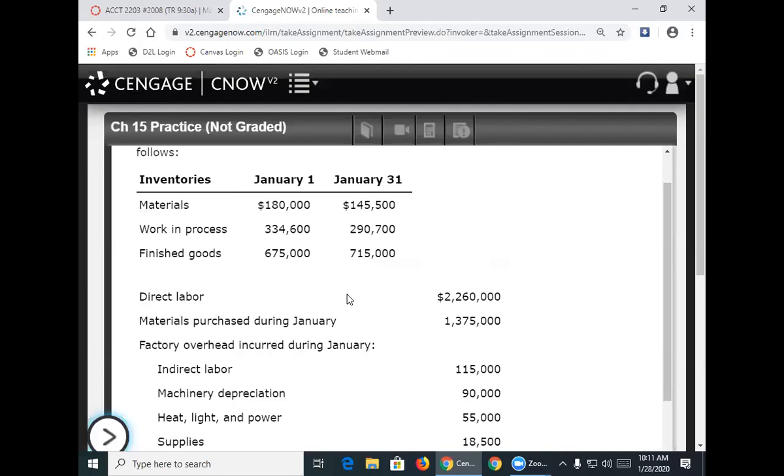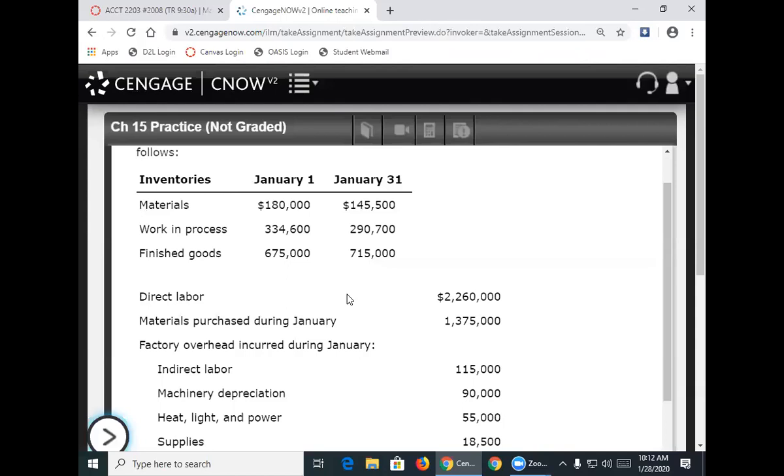1,409,500. So again, all we're doing is balancing the materials account. We add these two together first to get a subtotal, all total for the period. Oops, I just added wrong, forgot to carry. All the materials I had available for use in the period was 1,555,000, and I ended with 145,500.